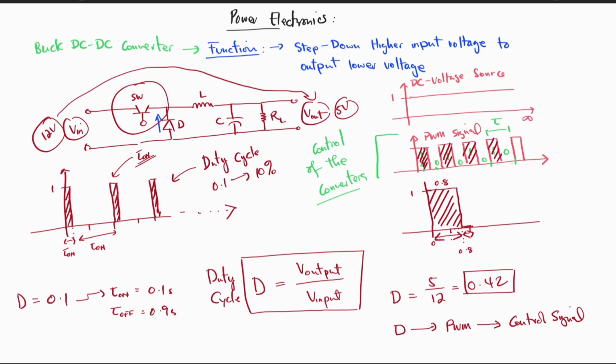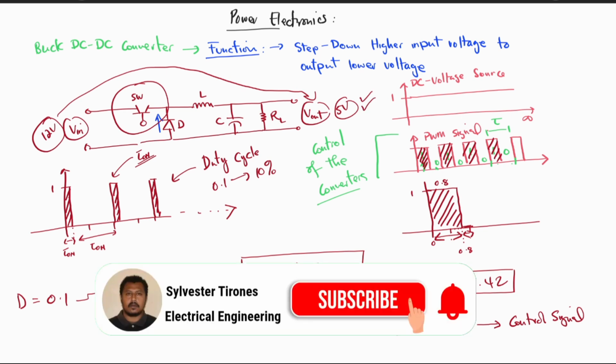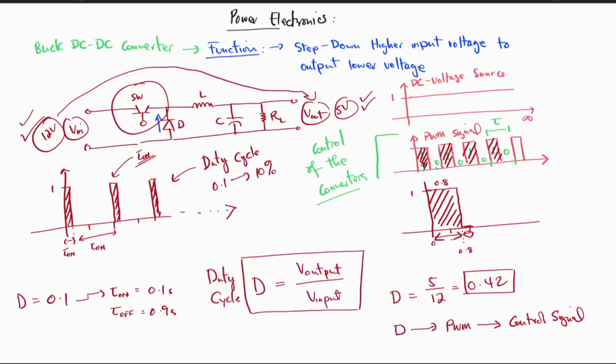In our next video, we will discuss some mathematical equations for the state-based modeling and the generalized state-based modeling of the DC to DC buck converter, and we will see what is really happening in the DC to DC buck converter and how we can achieve a lower output voltage from a higher input voltage.